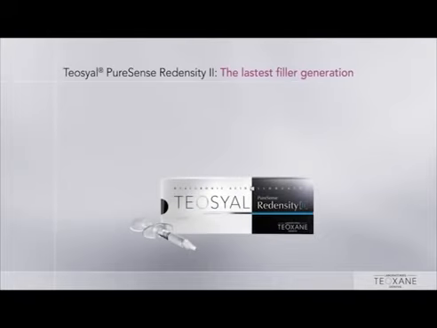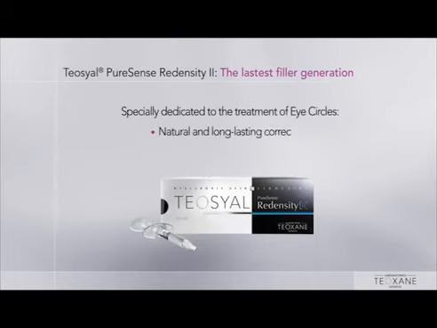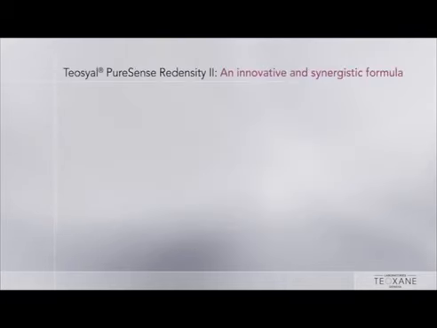Redensity 2 is the latest generation of fillers designed by Teoxane Laboratories R&D department. Redensity 2 is a different hyaluronic acid-based injectable gel, specially dedicated to the treatment of R circles with a natural long-lasting correction and an excellent clinically proven tolerance. The innovative and synergistic 3-in-1 formula of Redensity 2 combines different ingredients: a semi-cross-linked hyaluronic acid at 15 mg.